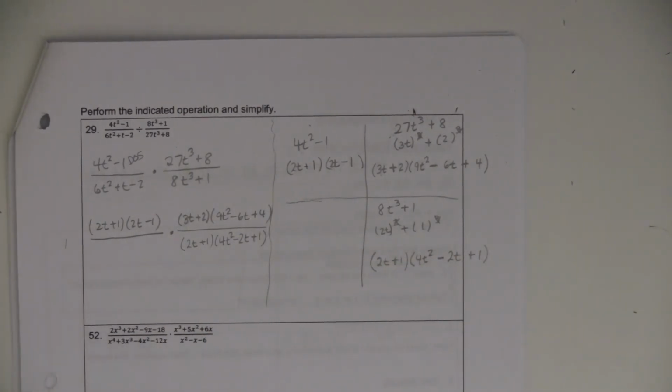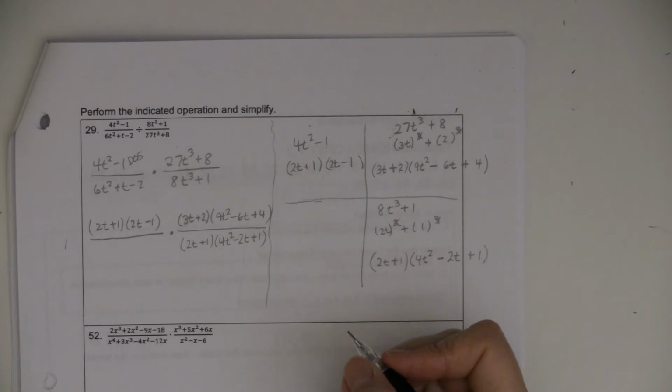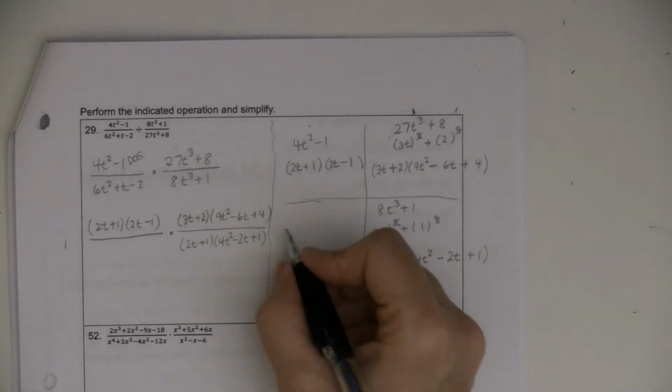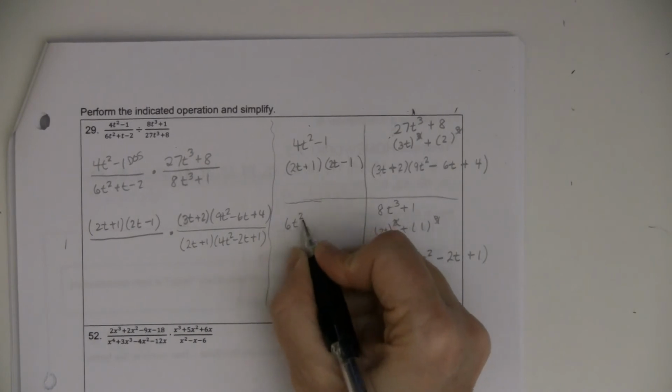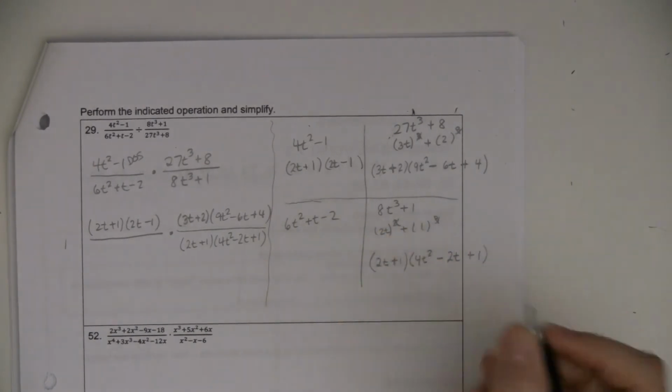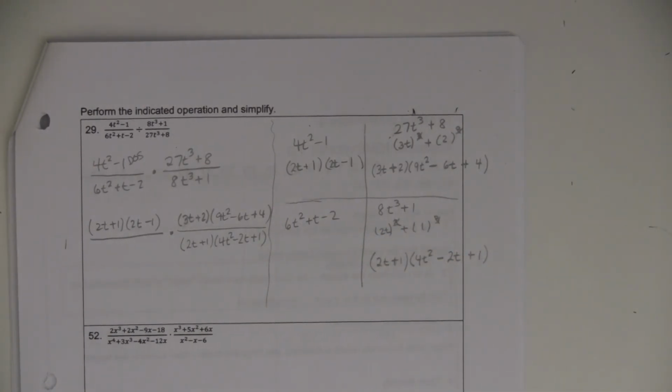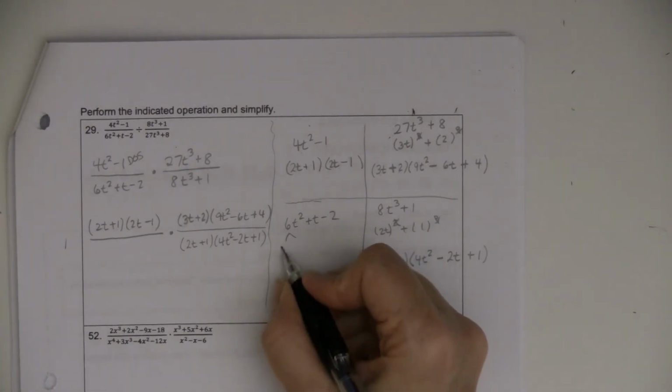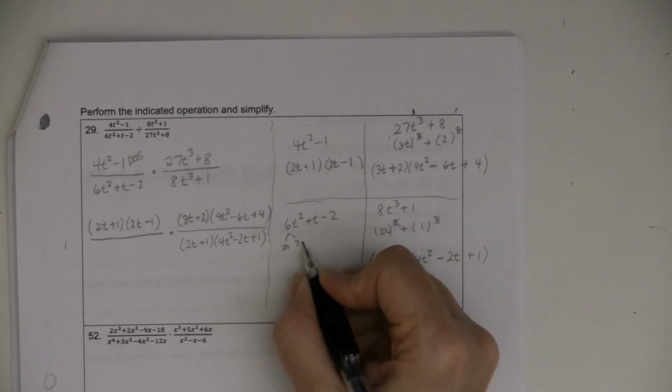And then one last thing to factor, and I kind of saved it, is that trinomial there. So let's see how that will factor. So 6t squared, and this one is definitely a wow, I think. I mean, I've had to really get my factoring going.